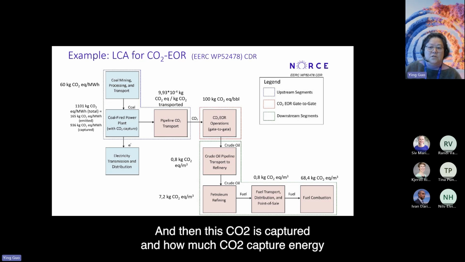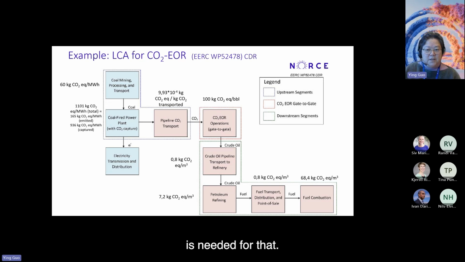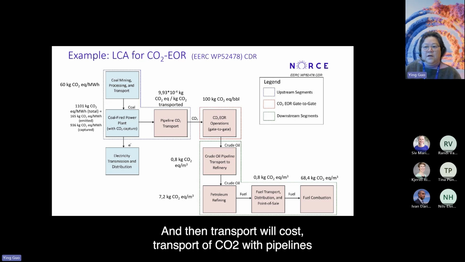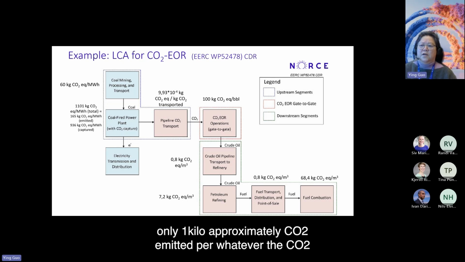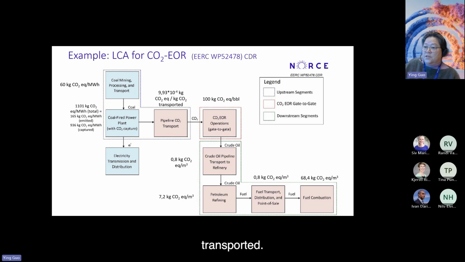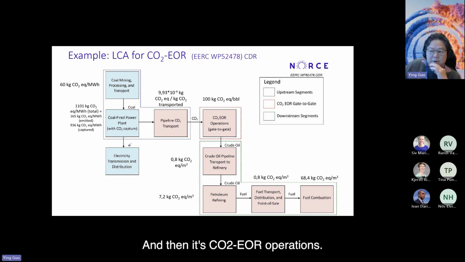And then this CO2 is captured, and how much energy is needed for that. And then transport of CO2 with pipelines will also cost certain, but it's not that much, as you can see, only approximately 1 kilo CO2 emitted per ton of CO2 transported. And then it's CO2 EOR operations.